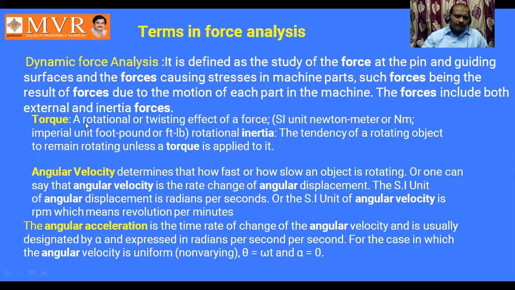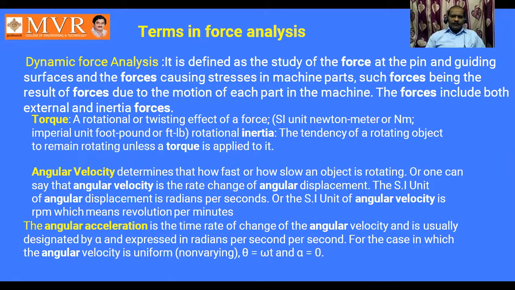Next, torque. A rotational or twisting effect of a force is called a torque. Its unit is Newton meter. The imperial unit is pound-force feet. These are the different types of units. What is rotational inertia?